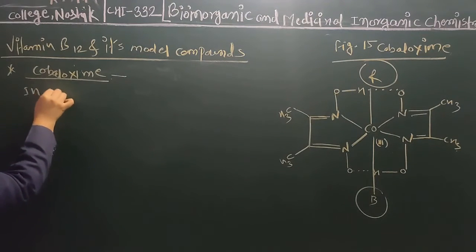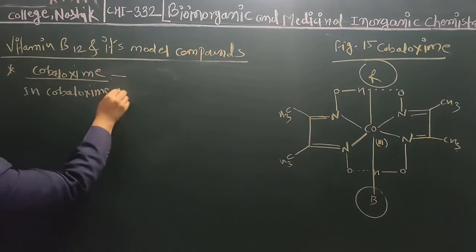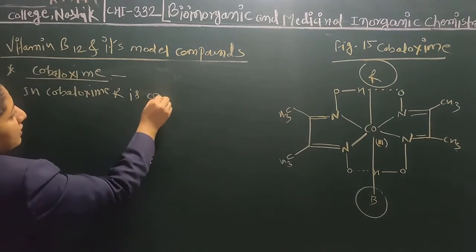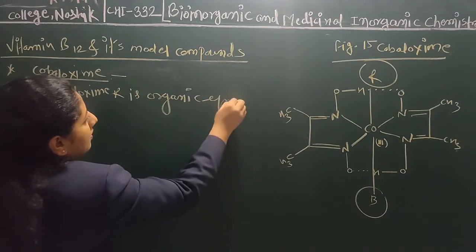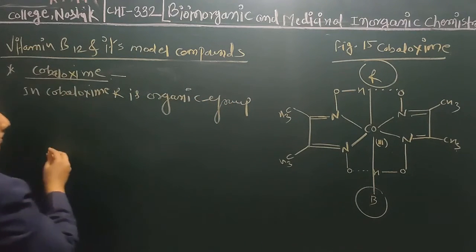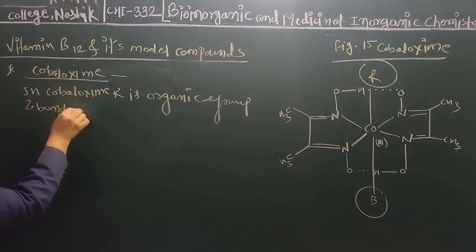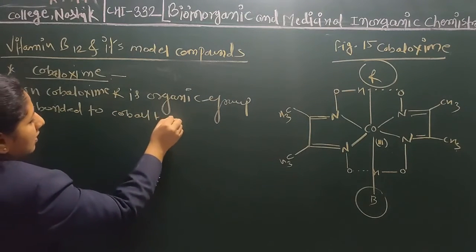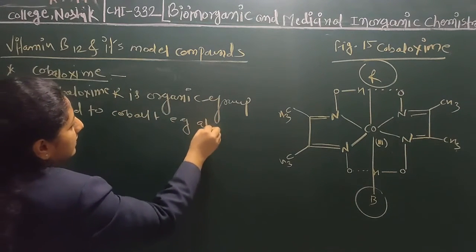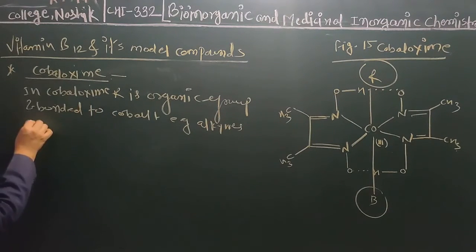In cobaloxime, R is an organic group, sigma bonded to cobalt, for example alkyl.